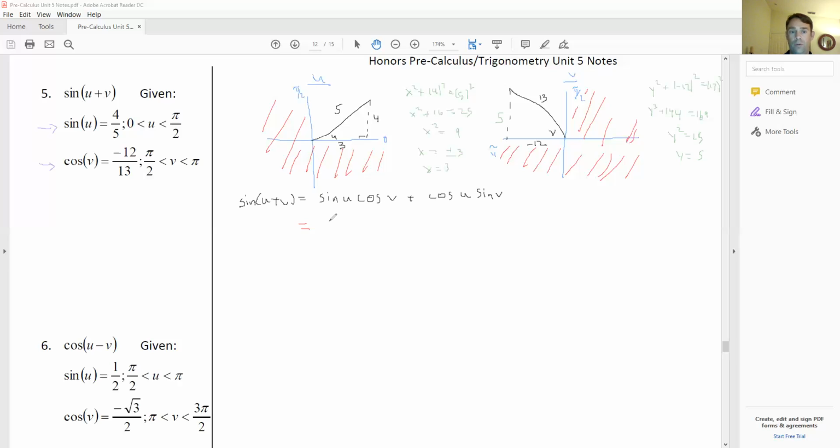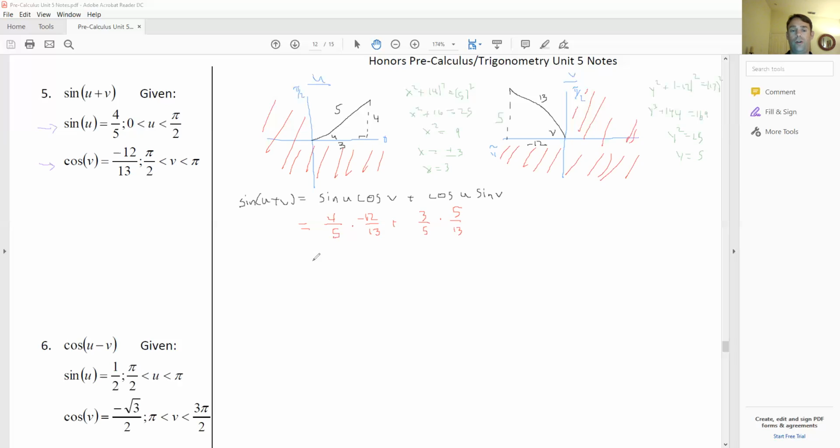So sine of u, well, that's 4 over 5. Cosine of v is negative 12 over 13. Plus cosine of u, which would be 3/5. And sine of v, which is going to be 5 over 13.